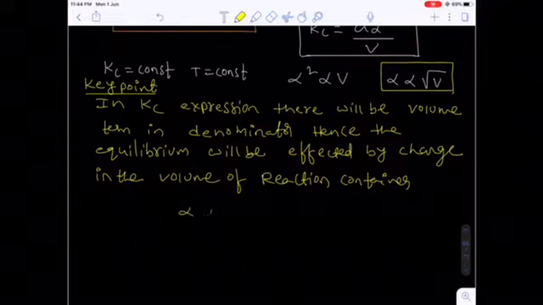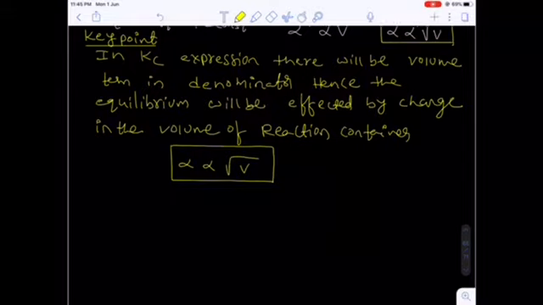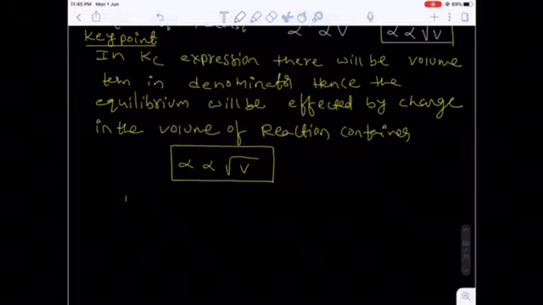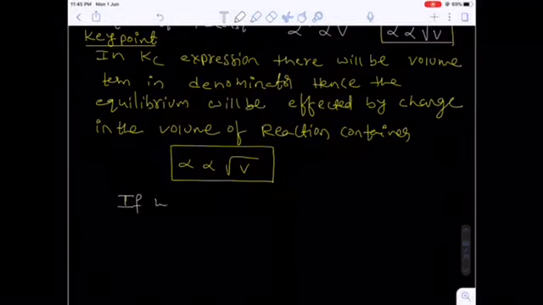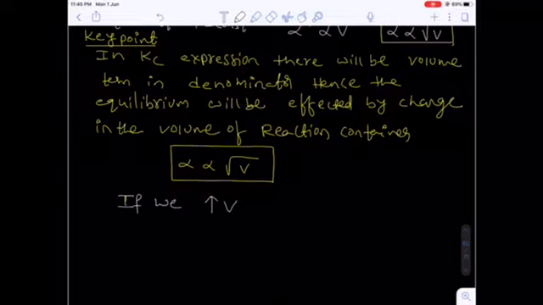Okay, now alpha is directly proportional to the square root of the volume of the container, the reaction vessel. Now let's suppose we increase the volume, then what happens?